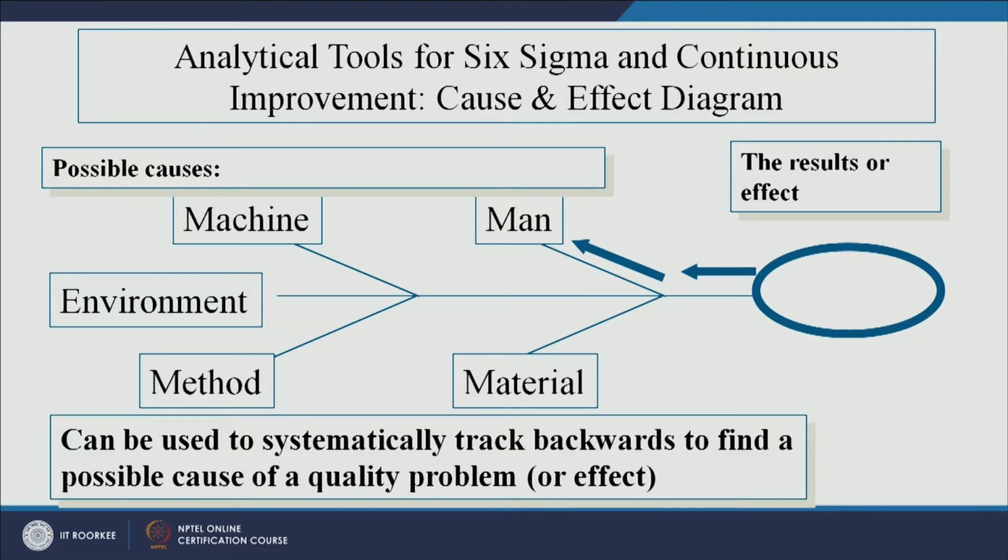This could be another reason. Machine, method, environment. When you say the machine is a problem, and because of that machine you are getting defective parts, you can again come up with different reasons. What are the problems in the machine? Is there a problem of speed, feed, depth of cut, vibration, or some other reason, right?